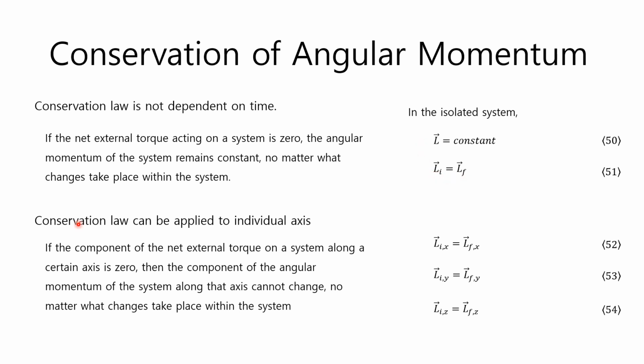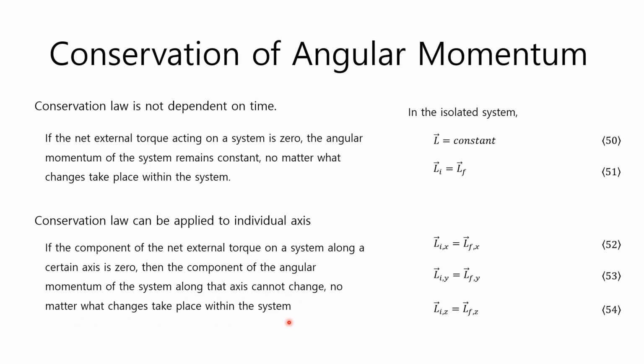Second, since momentum is a vector, it can be applied independently to each axis. Therefore, the law of conservation of angular momentum can be stated as follows. If the component of the net external torque on a system along a certain axis is 0, then the component of the angular momentum of the system along that axis cannot change, no matter what changes take place within the system.